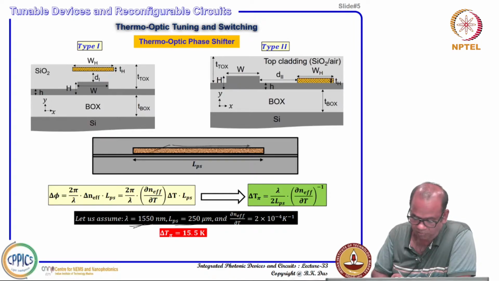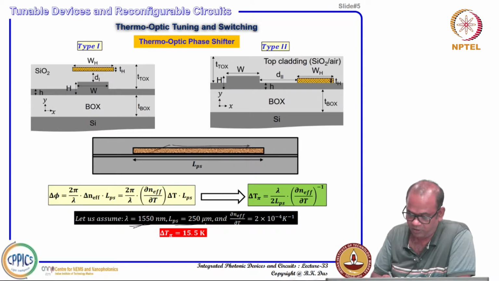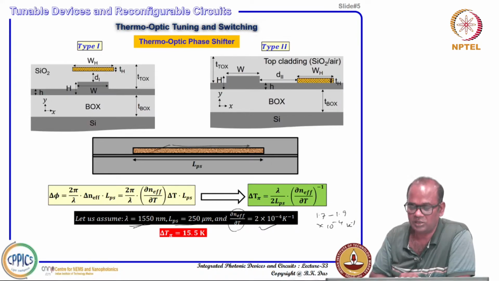So, lambda equal to 1550 nanometer, phase shifter length is about 250 micrometer, and del N effective by del T, we have just assumed 2 times 10 to the power minus 4. Typically, it is between 1.7 to 1.9 or so into 10 to the power minus 4 per Kelvin.